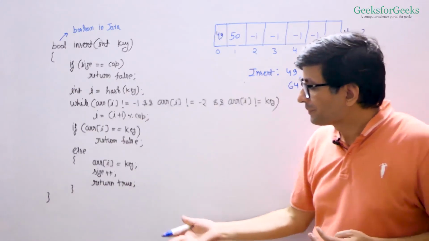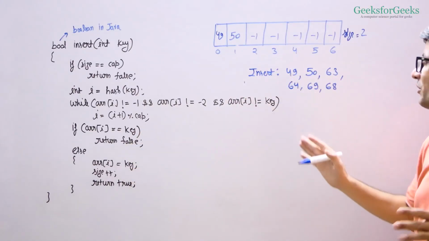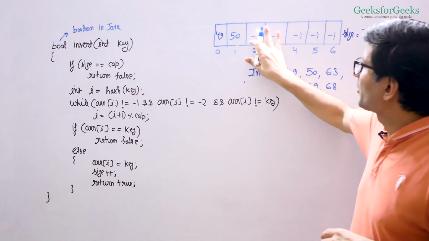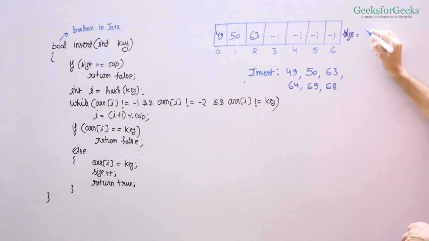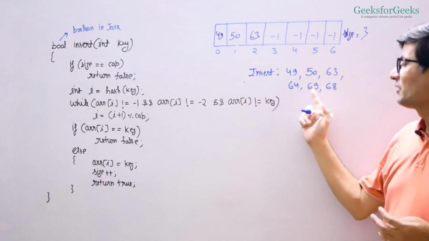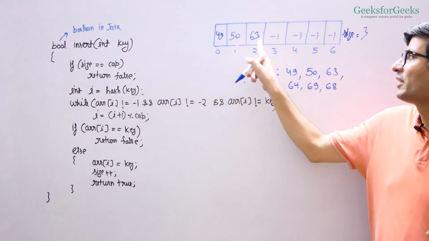You come out of the loop. When you come out, you check whether this is equal to the key or not. It's not equal to the key. So you insert 63 at this location, and you do size++. Your size becomes 3. Now 64. 64 means the remainder value is 1, right? So you will come here, then you will come here, then you will see a -1.